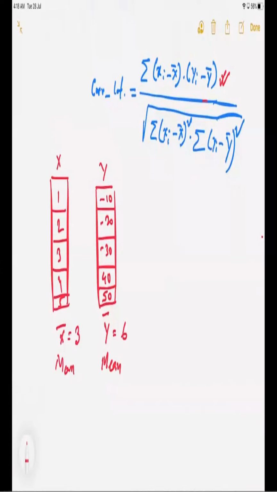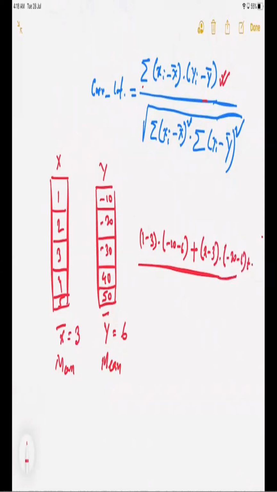So the first component will look like this: 1 minus 3 multiplied by -10 multiplied by -6. And then I'll go to the second element, I'll say plus, because there is a summation symbol in the formula. So I'll say plus, and I'll say 2 minus 3 multiplied by -20 minus 6.